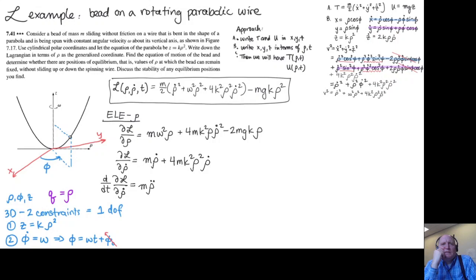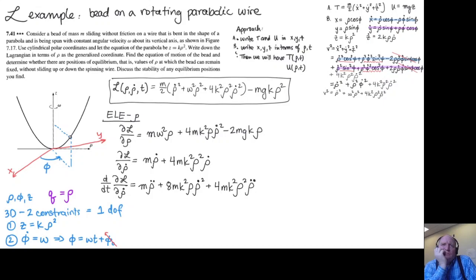Then we have a product rule on the second term, plus 8 mk squared rho times rho dot, and we get two factors of rho dot, one from before and one from the time derivative. And then we also have the derivative of the second term, so rho dot becomes rho double dot.